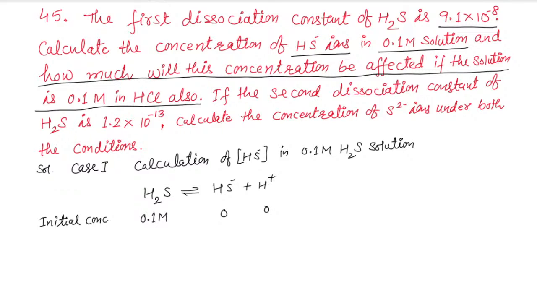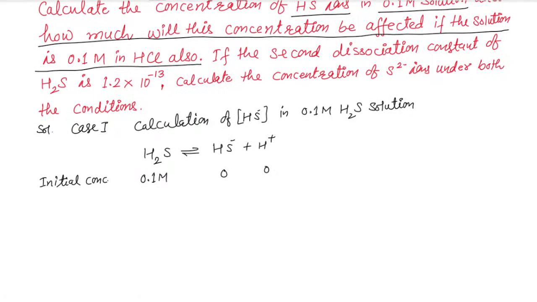Now, at equilibrium, if alpha is the degree of dissociation, then it is 0.1 times (1 minus alpha), 0.1 alpha, 0.1 alpha, right?